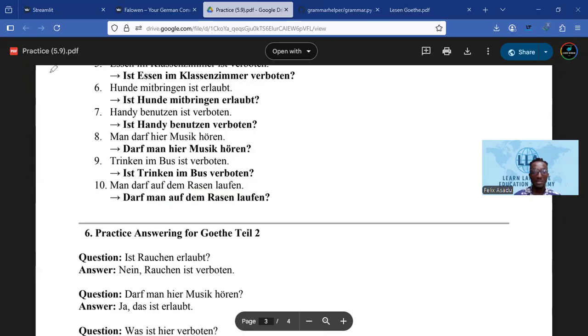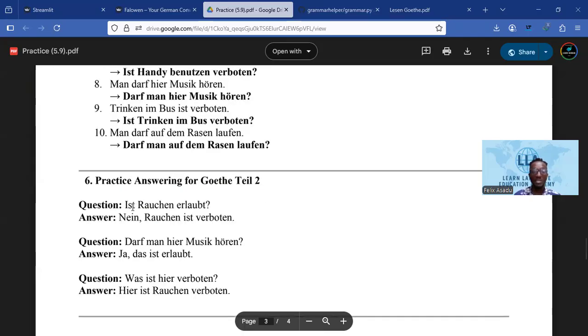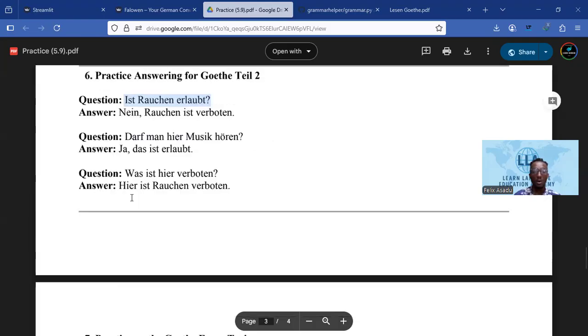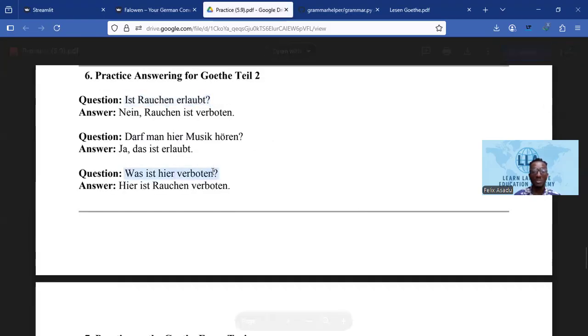So more practice. Somebody can ask the question, is Rauchen allowed? You can respond and say that what? Number 9. Rauchen ist verboten. Or using the modal verb, darf man hier Musik hören? You can say that, yeah, that is allowed. Or was ist hier verboten?